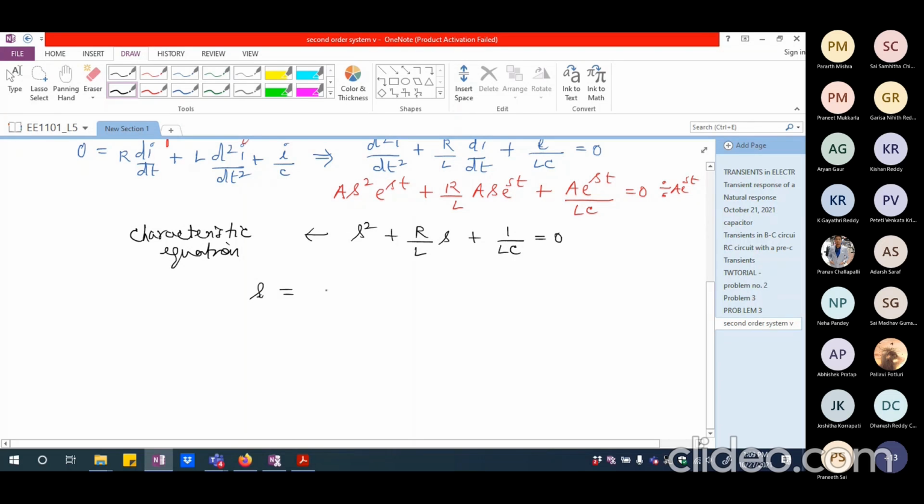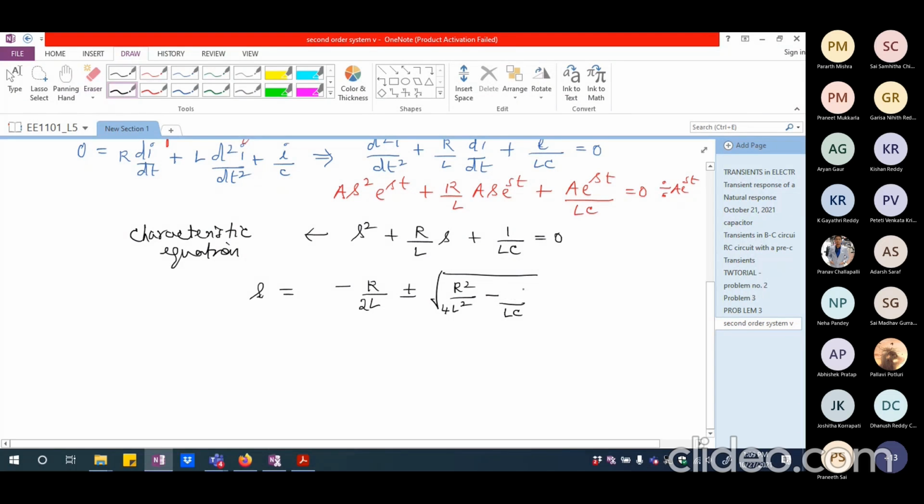So I should be able to get the solution as minus R by L plus or minus root of R square by L square minus 4ac, where 4ac is 4 by LC, all divided by 2. I can write the 2 as 4 under the root and simply remove this 4.